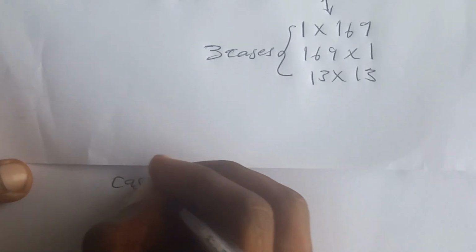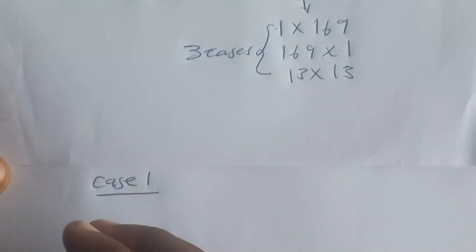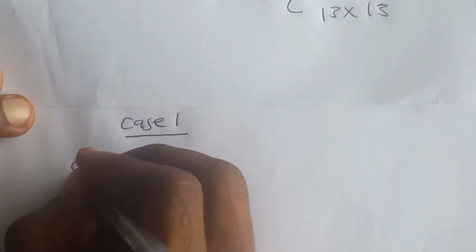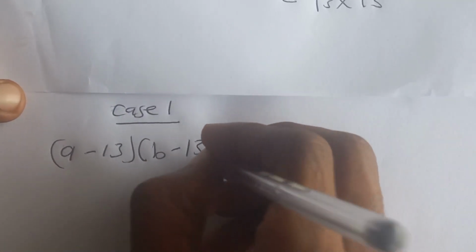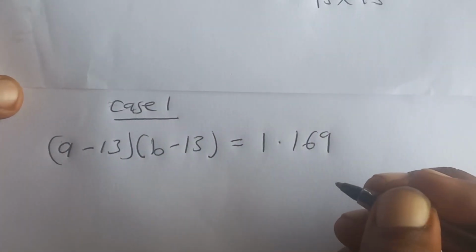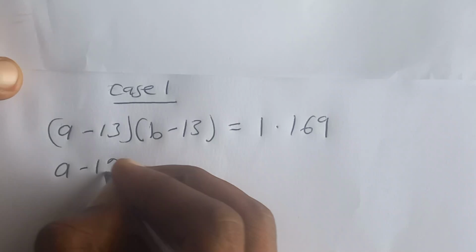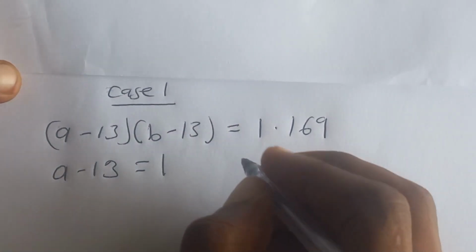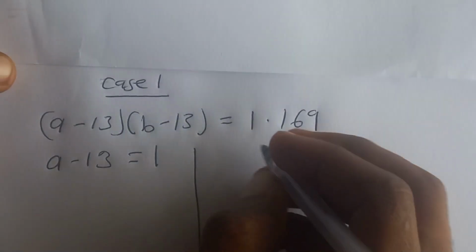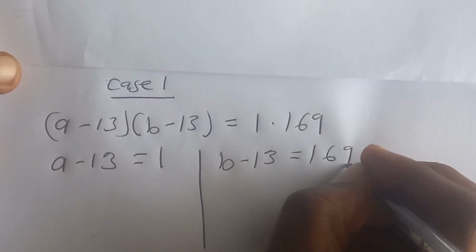So case 1, we are going to take A minus 13 into bracket B minus 13 is equal to 1 multiplied by 169. So we can say that A minus 13 is equal to 1, and then B minus 13 is equal to 169.